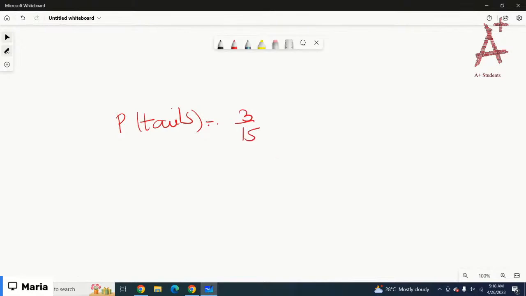Got it? So let's just divide them by 3. 3 times 1 is 3 and 3 times 5 is 15. So it would be 1 over 5. One over 5.